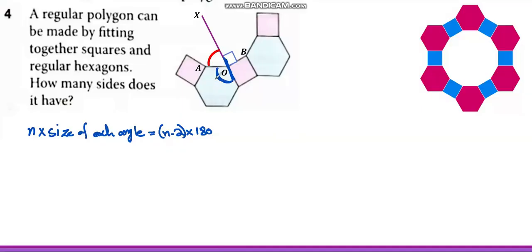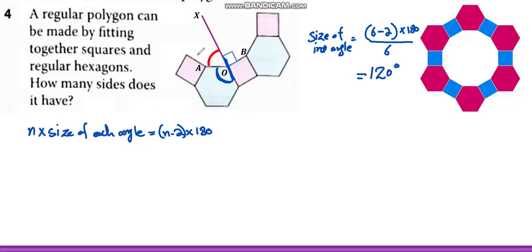So the size of each interior angle of the hexagon, if we work out for that, we can use this formula: size of interior angle of hexagon will be equal to 6 take away 2 times 180 divided by 6, and that will be 120 degrees. It means the angle AOX will be equal to 180 minus 120 degrees, and that will be 60 degrees.